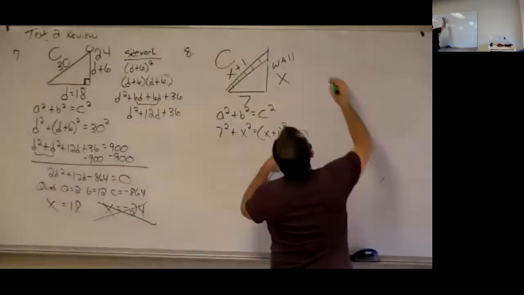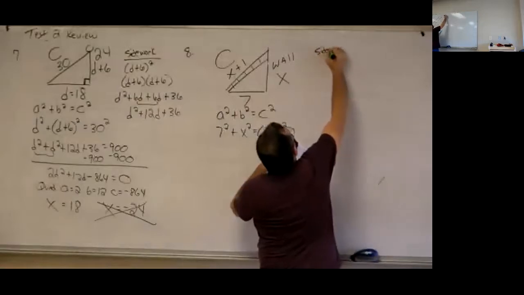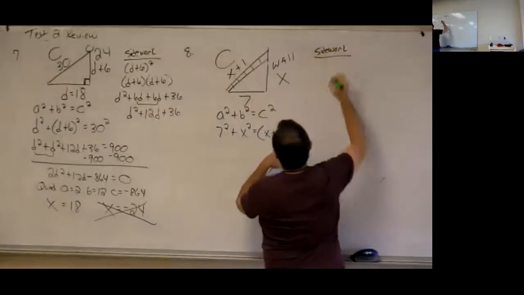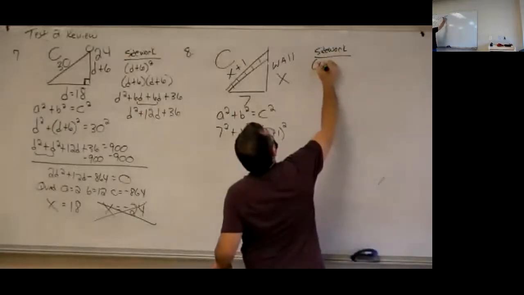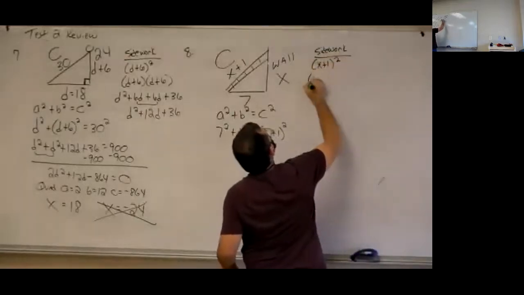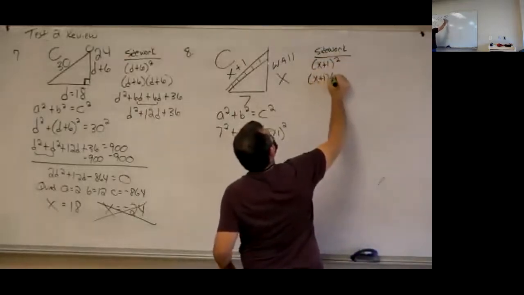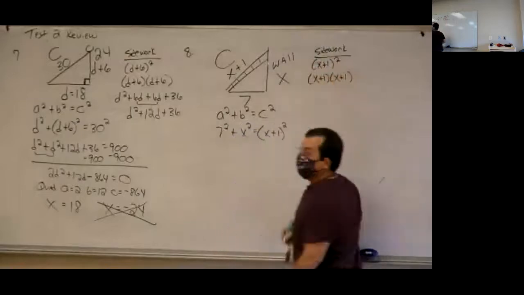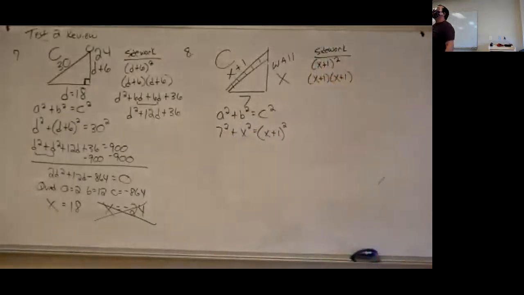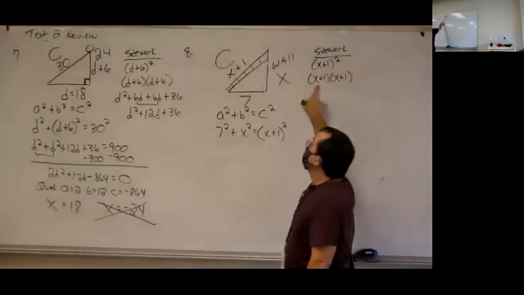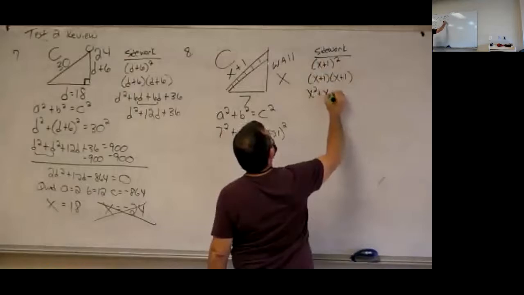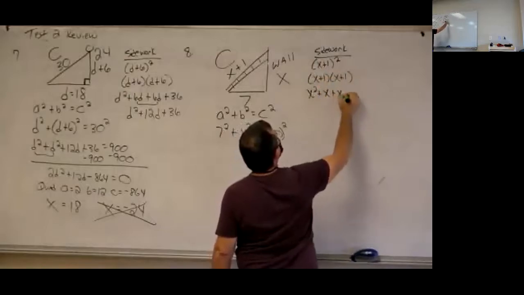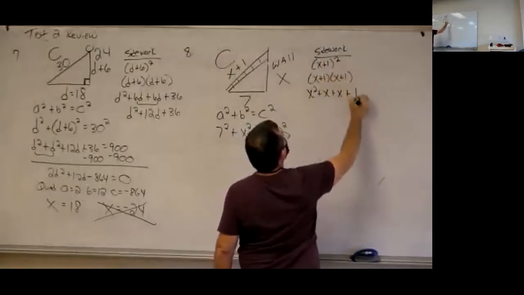So on the side again, I'm going to figure out x plus 1 squared. We ought to have x plus 1 times the x plus 1. All right, so let's see, I get x squared plus 1x plus 1x, and then 1 times 1 is 1.